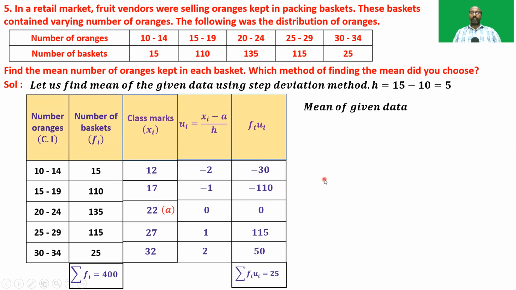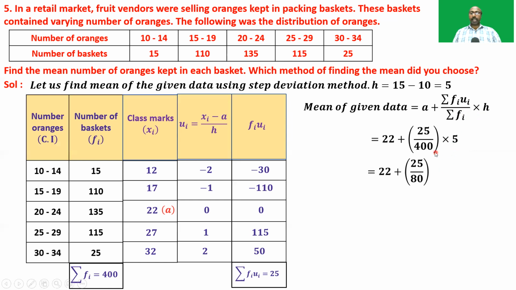Now the mean of the given data. The formula to find the mean in the step deviation method is a plus (sigma fi ui by sigma fi) into h, where a is 22, the assumed mean we have taken, sigma fi ui is 25, sigma fi is 400, and h is 5. Substituting these values, we get 22 plus 25 by 400 into 5. Five 80s are 400, so 22 plus 25 by 80. 25 by 80 is 0.3125, so the mean is 22 plus 0.3125, which is 22.3125.